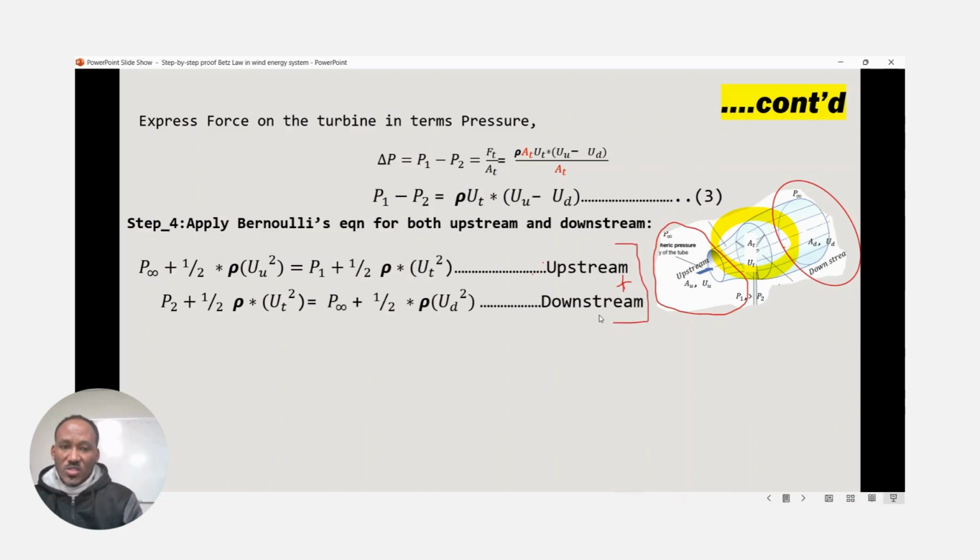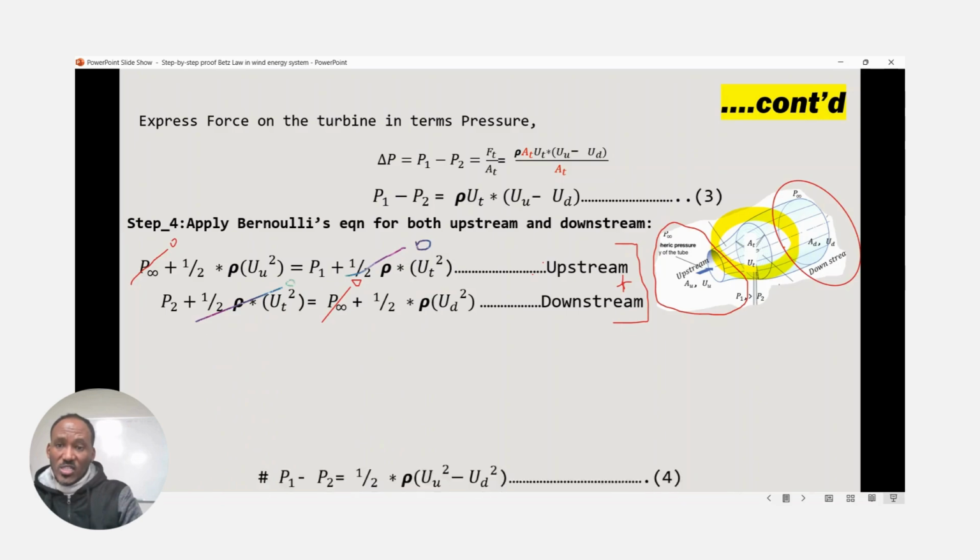Then sum up these two equations. We have ambient pressure at upstream, and again we have ambient pressure at downstream. These are identical values but on opposite sides, so they cancel each other. Again, for the turbine, we have the same identical value for upstream and downstream.